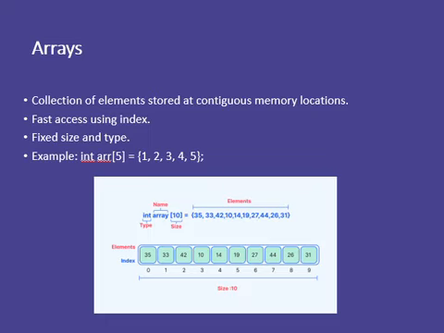The second point is insertion. Appending an element to the end of the array is usually a constant time operation. And order of n is the time complexity for inserting a specific element, because it requires shifting all of the elements.